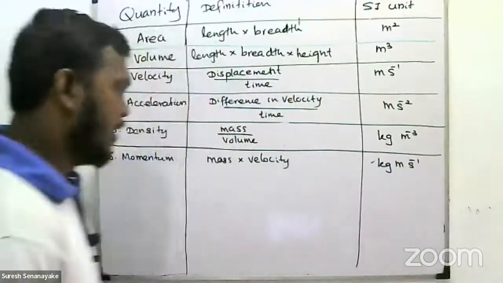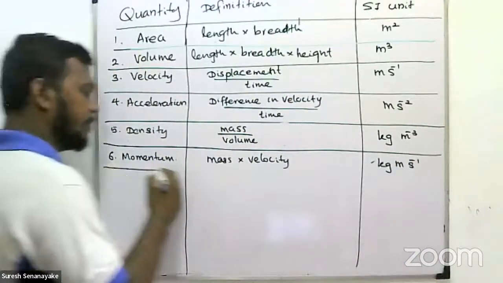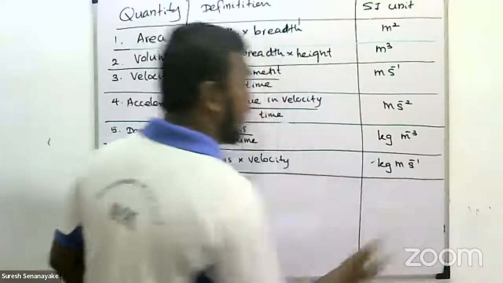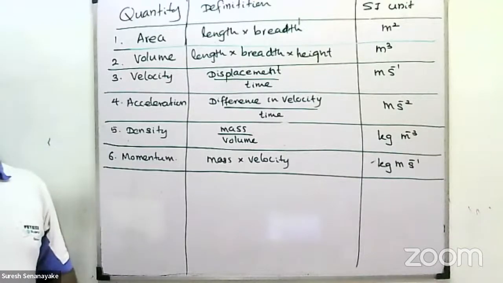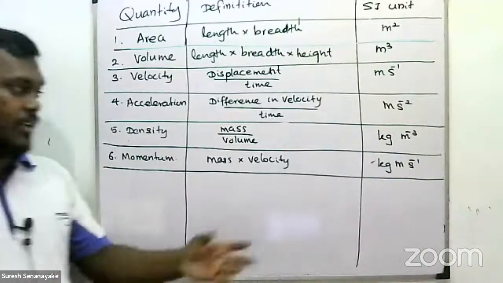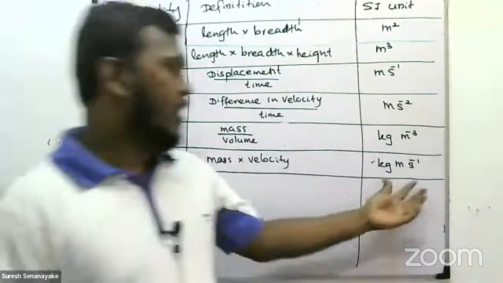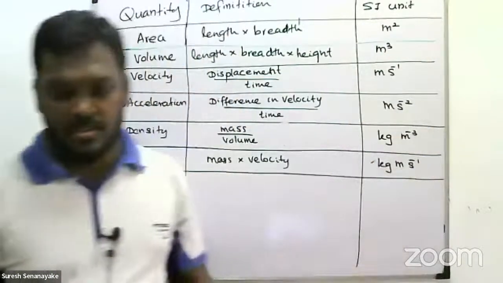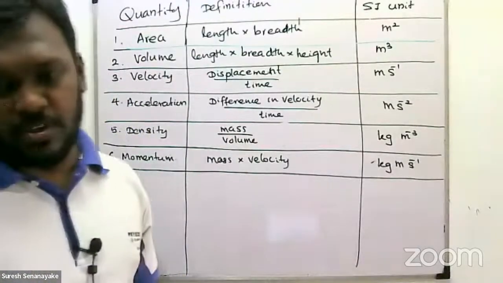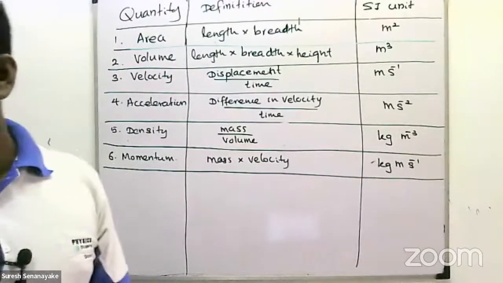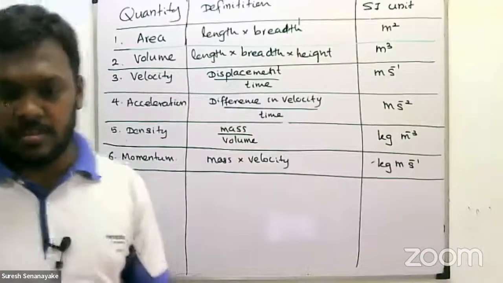That's kg m s minus 1. Okay. These six units have no special names. These are written with the help of the base units. No special units are there. All right, just write these six.